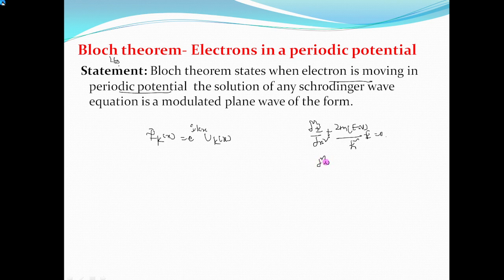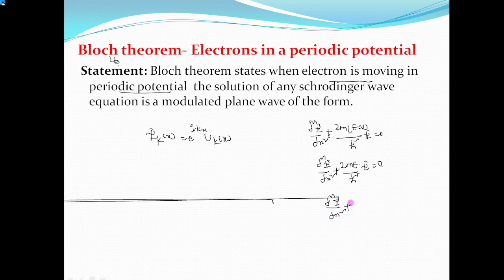Another form, if V is 0, is dou square psi by dou x square plus 2mE by h cross square psi is equal to 0, or dou square psi by dou x square plus k square psi is equal to 0.